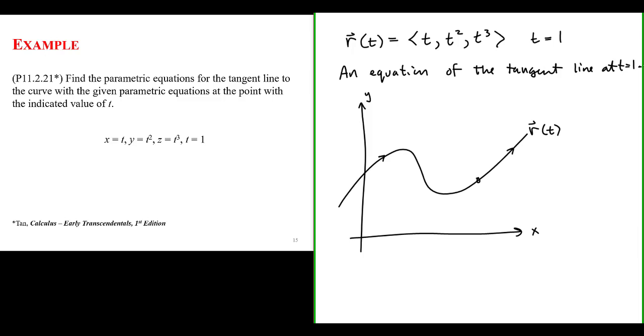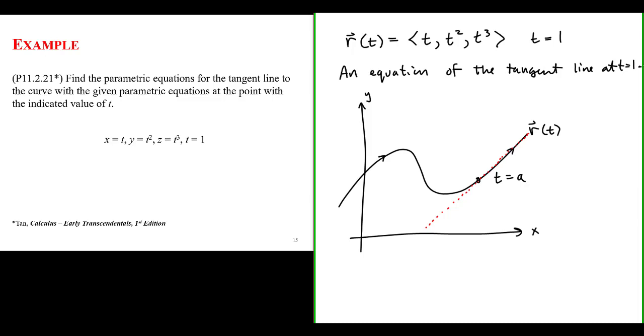If we have a point on the curve such that t is equal to some value, at that point there is going to be a line tangent to the curve. We want to find the equation of this tangent line.